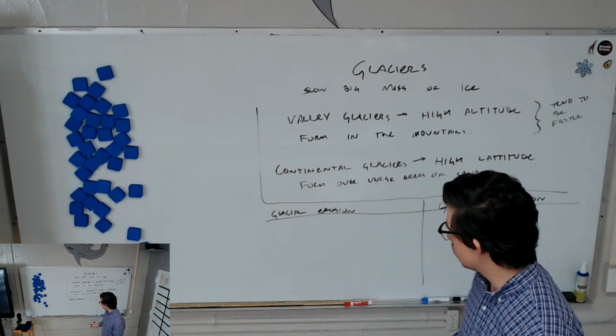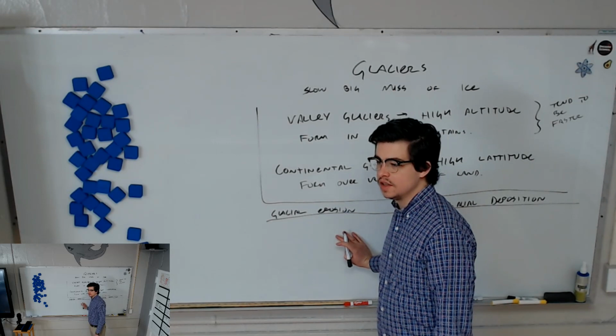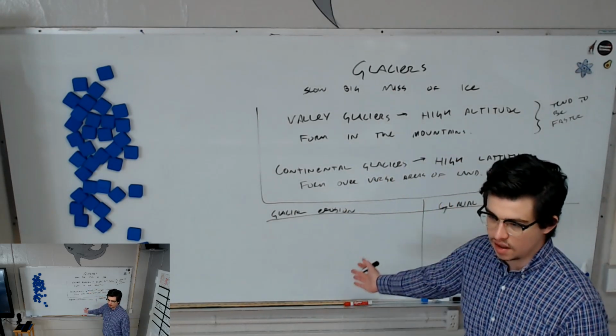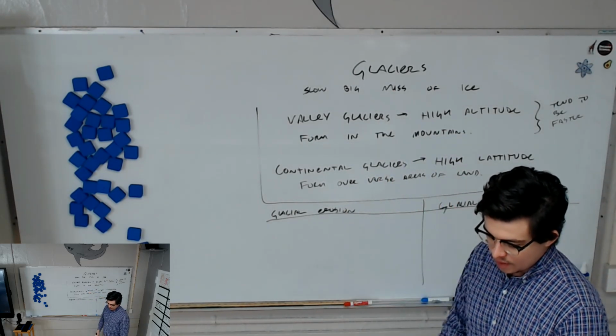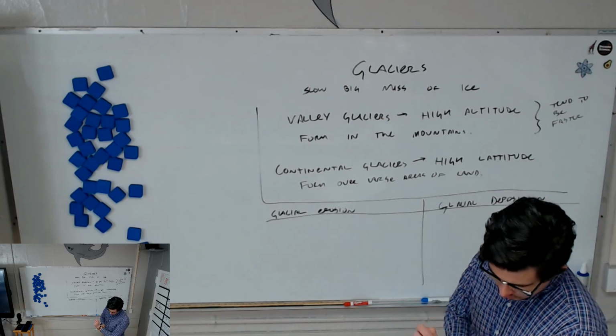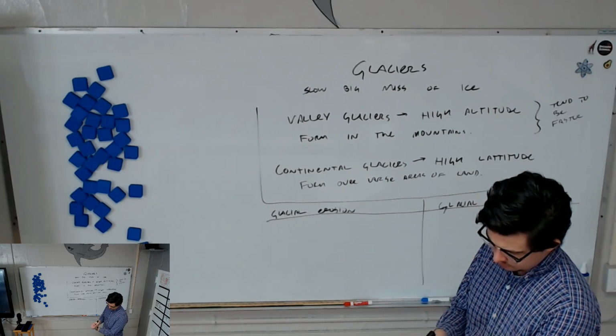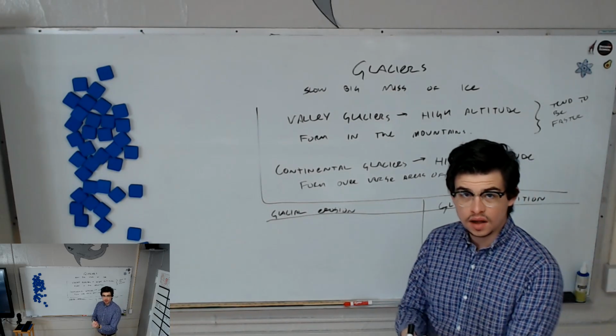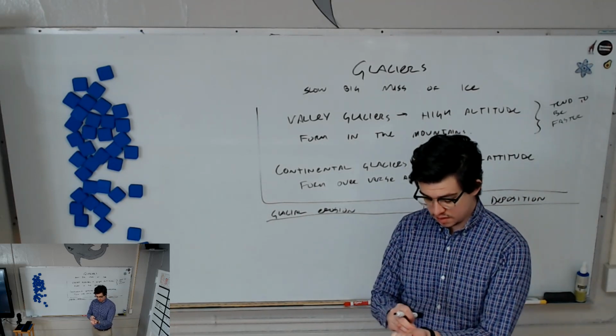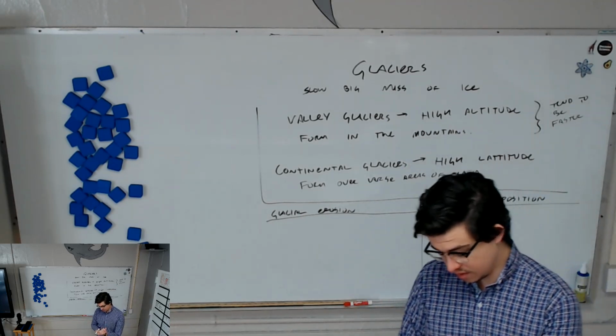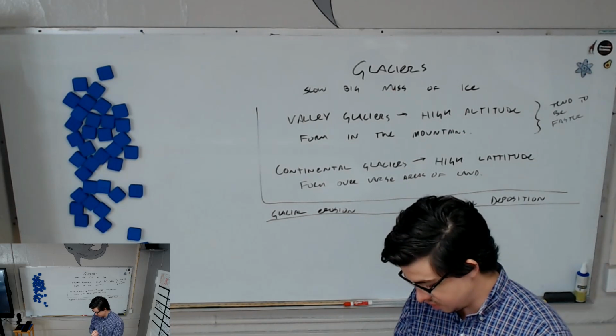Okay, so glacial erosion, as we know, is where material is carried away, in this case, obviously, by a glacier. And I want to show you some pictures. If you're watching this on YouTube, you can look these up with your little search engine.